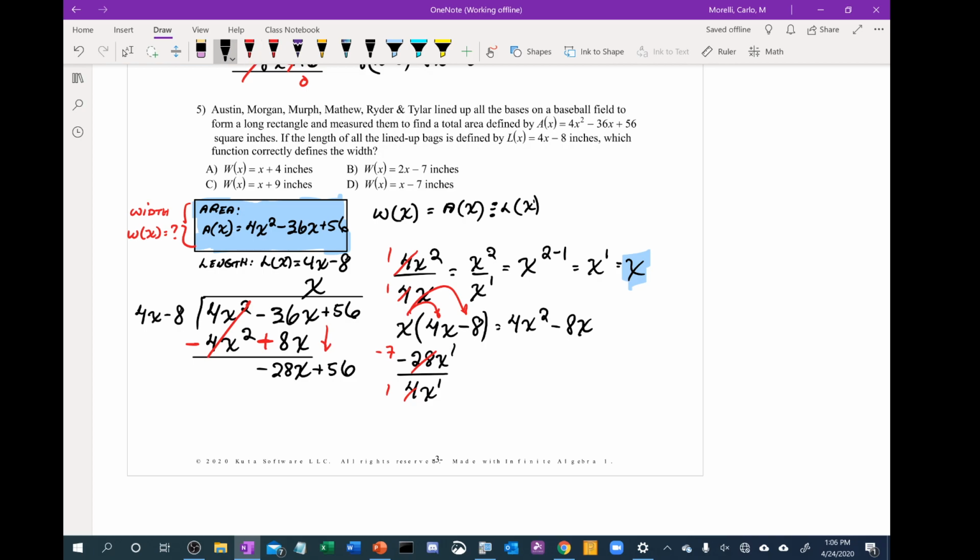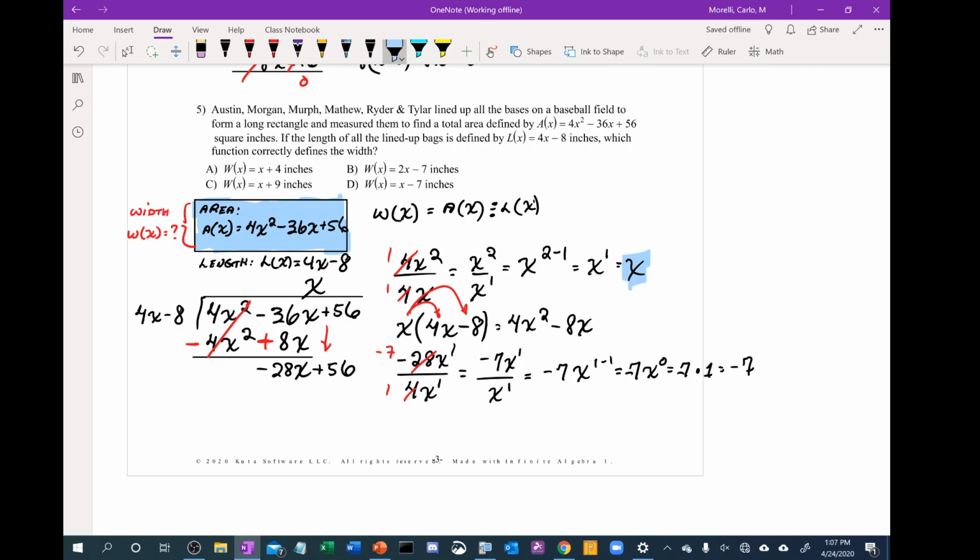Remember, there's exponents with these x's. They're both 1. So we're going to now rewrite everything out. Negative 7x to the first over x to the first. Apply the quotient rule. Bases are the same. Subtract the exponents. That gives negative 7x to the 1 minus 1, which is negative 7, x to the 0. X to the 0 equals 1, so it's negative 7 times 1, which is just negative 7.